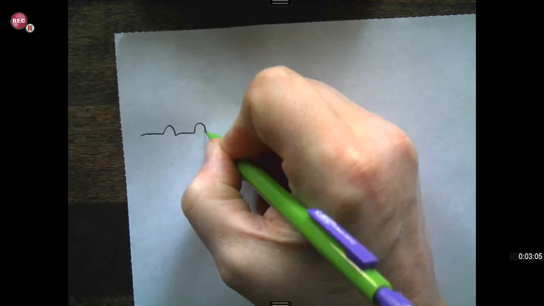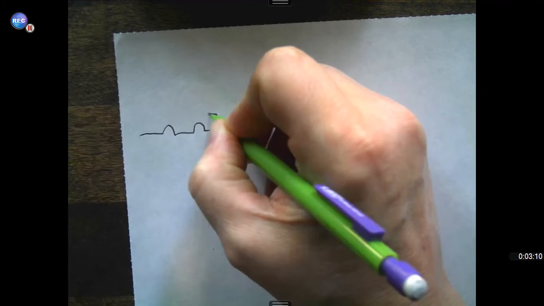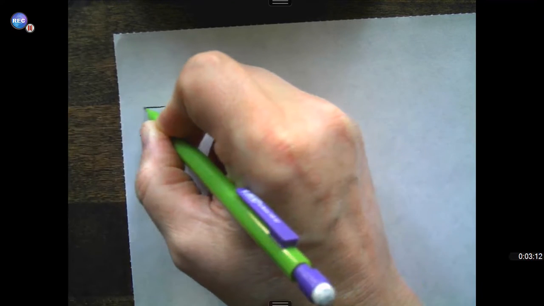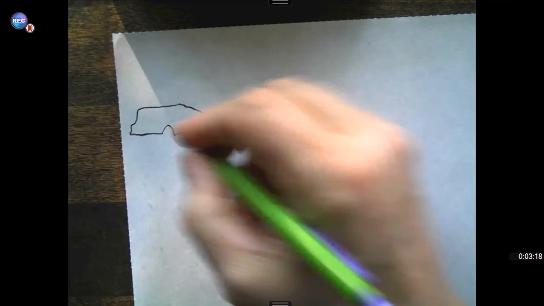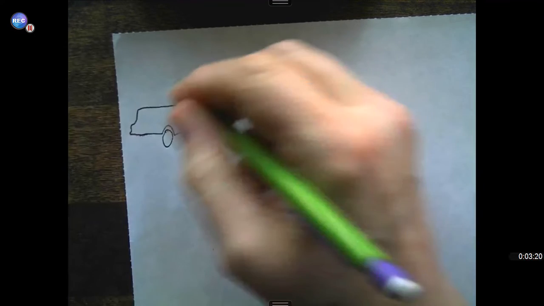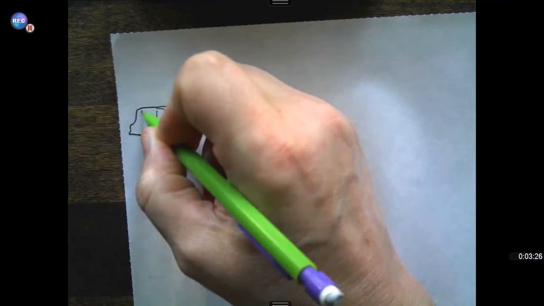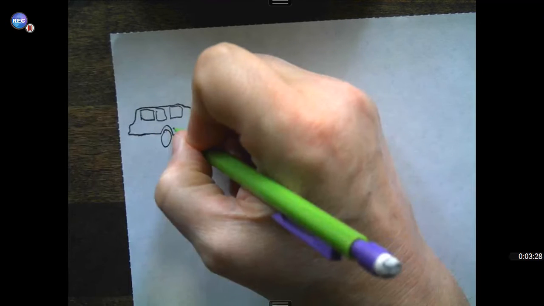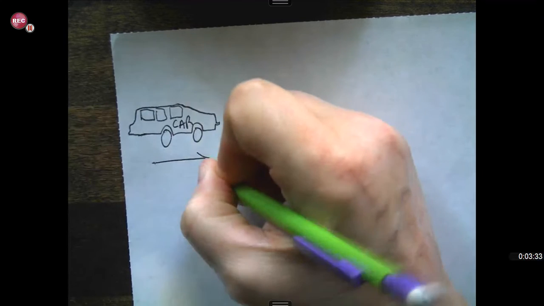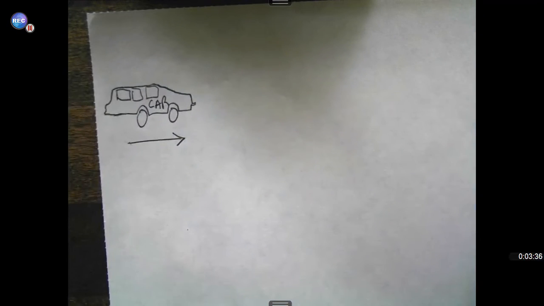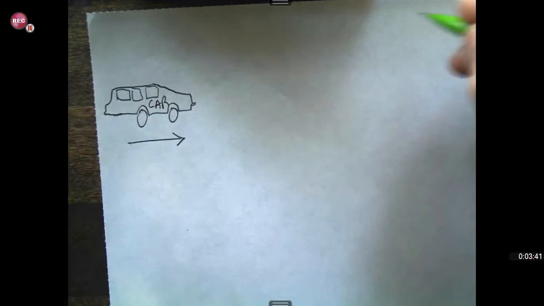My car is going to drive across this piece of paper, and it has a front bumper, and a hood, and a windshield, and then a trunk, and a back bumper, and wheels, and windows here, and here, and here. This is a van. It's a big car, and this is my car, and my car goes left to right across this piece of paper. Okay, this being the front of my car, and this being the back of my car.